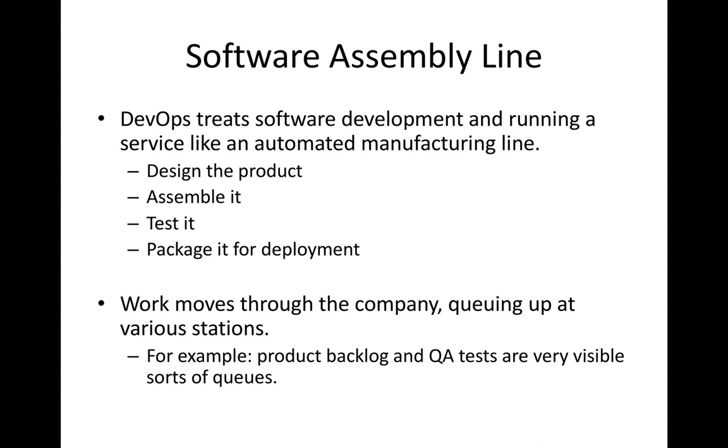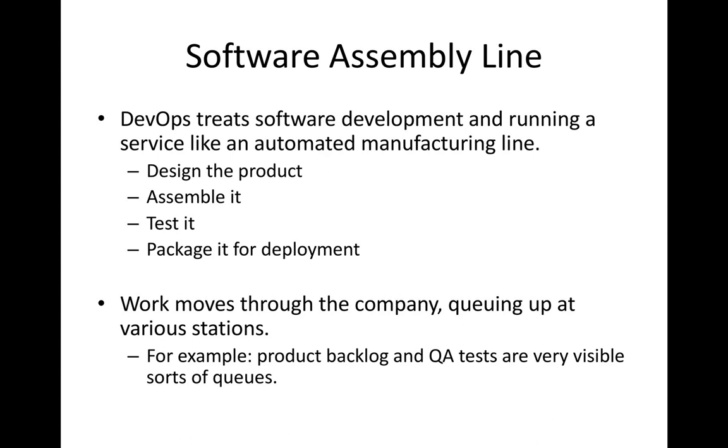They look at software development like an automated manufacturing line where we design our product, we determine our application requirements, then we assemble the product, we write the code, we test the product using our software quality assurance practices, and then we package that product up into a release, and we deploy our application into a production environment.